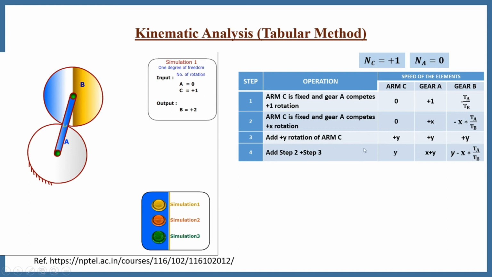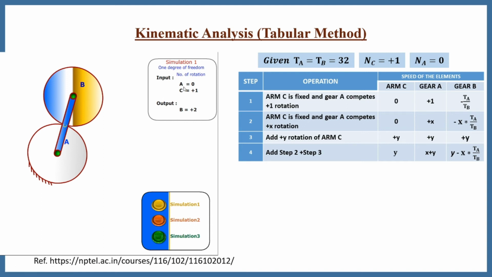Now we have that table. I have just considered the same table from the previous slide, where NC is equal to y. Again, for better understanding, we'll consider the number of teeth on gear A and gear B to be the same, equal to 32.